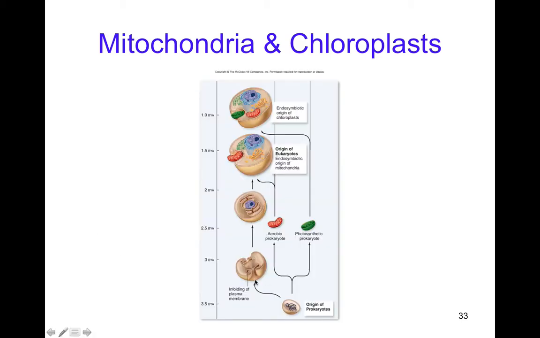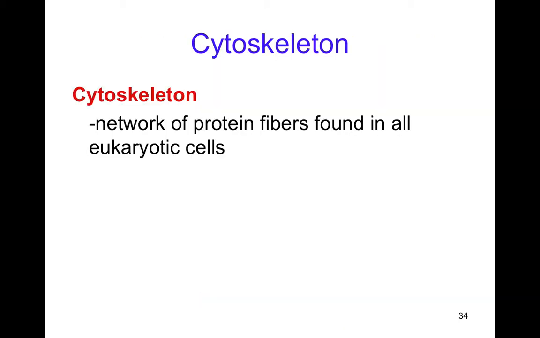So again, here's a figure you can take a look at, pause the video and take a look at. We're next going to go to the cytoskeleton. Cytoskeleton is basically this skeleton within the cell. That's why we call it a cytoskeleton. Cyto means cell. Skeleton obviously means like a defined structure within.